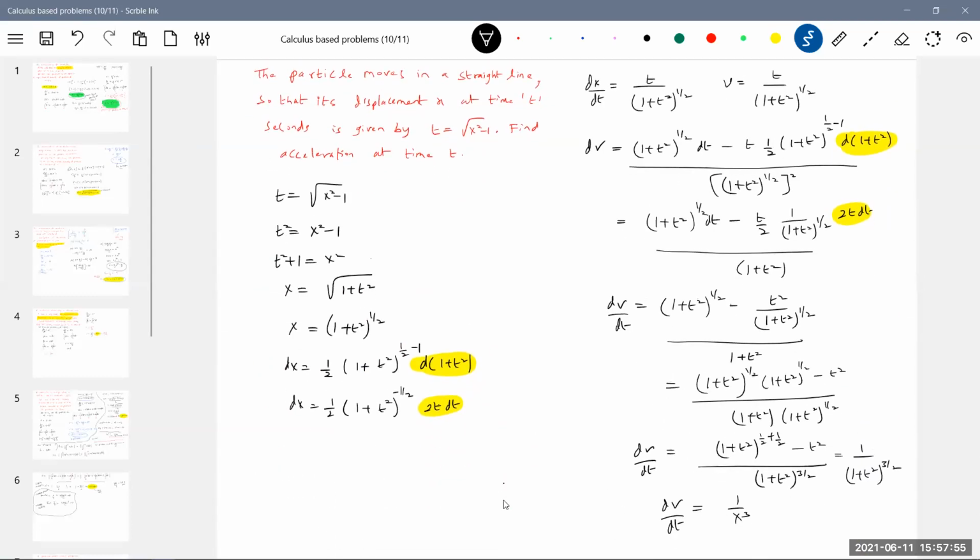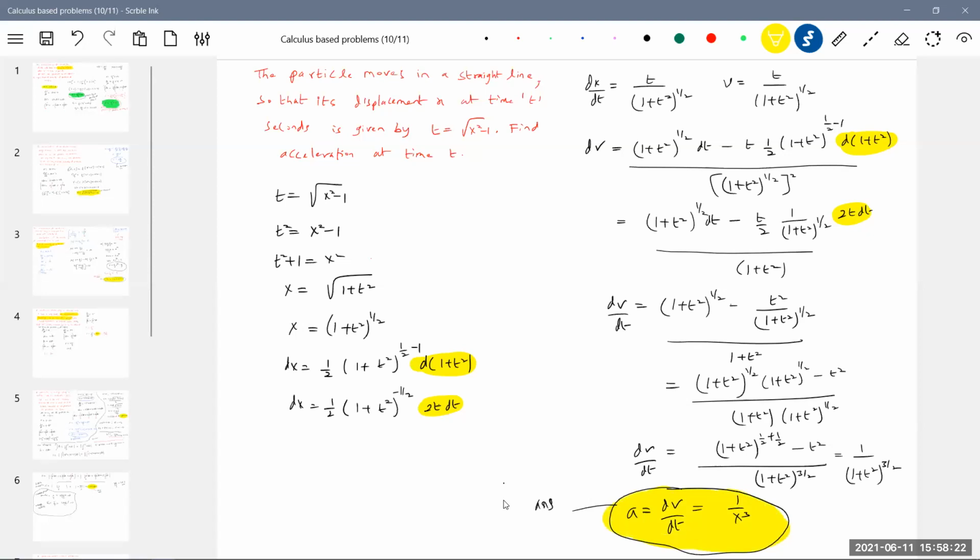You can use any method. Okay, I'll write this acceleration as dv by dt. This will be our final answer. So you can expect some questions like this.